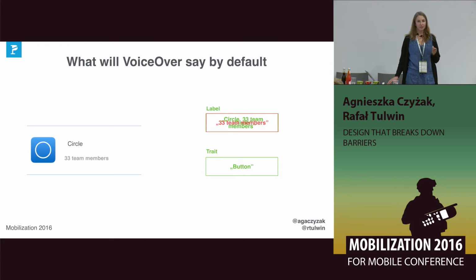But the problem could be that the user doesn't know that there is an action he can do with it. So the hint here could be double tap and hold to see actions. Then when he does it, the action bar from the bottom will slide up, and he can tap on the icon or a button, and then the voiceover would read that this is an archive button, for example.